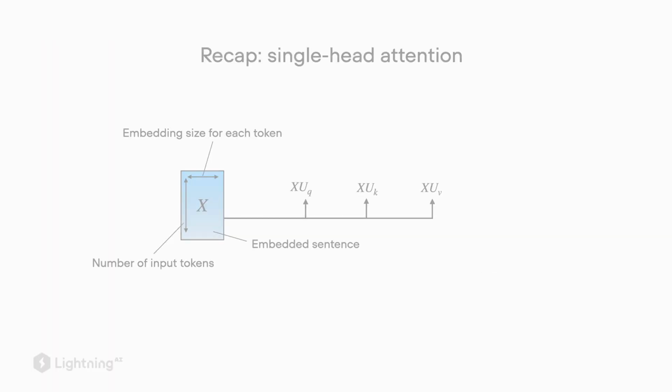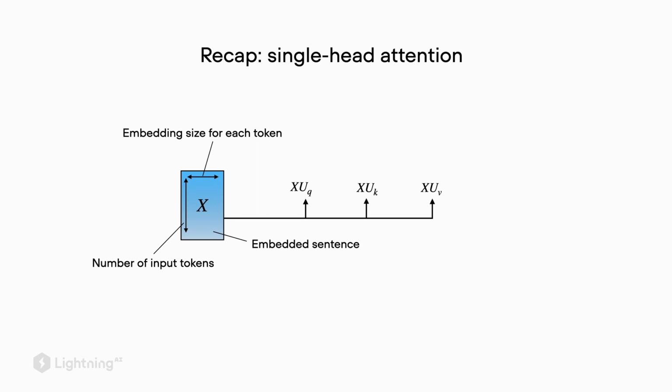As a brief recap of the single-head self-attention mechanism that we covered in the previous video, our input looks as follows, where we have an embedding matrix X that has as the number of rows the number of input tokens, and the columns are the embedding dimension. So X here represents the whole embedded sentence.